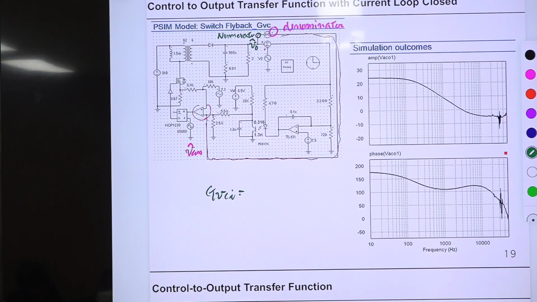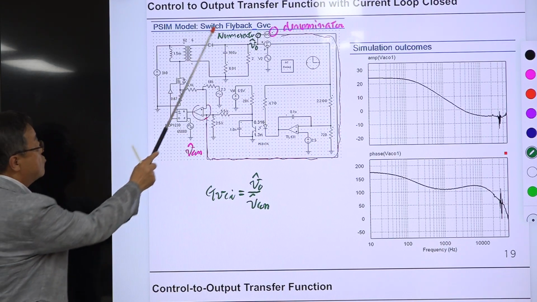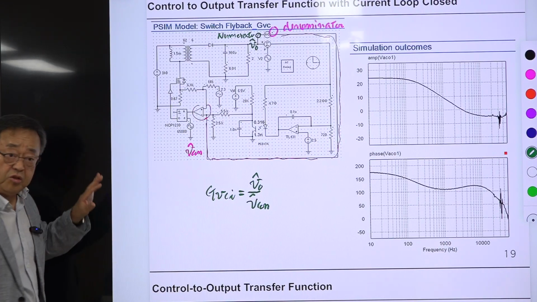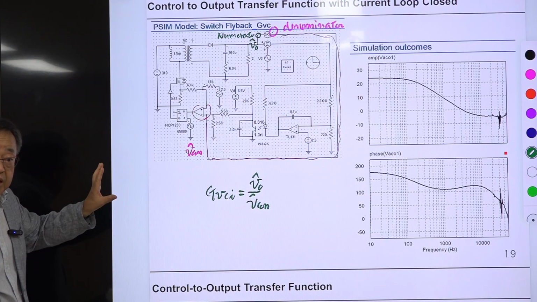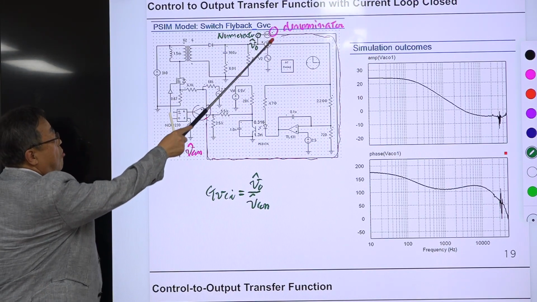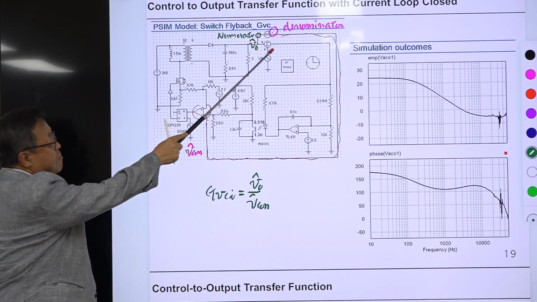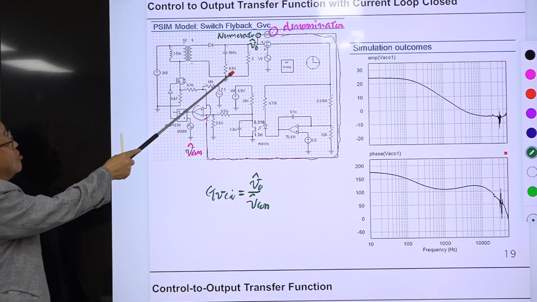So what you are simulating is actually GVCI, defined as VO hat divided by control voltage hat. So this program is automatically generating the transfer function from here to there with everything connected. This is very convenient to use, this AC probe, but you should know this.